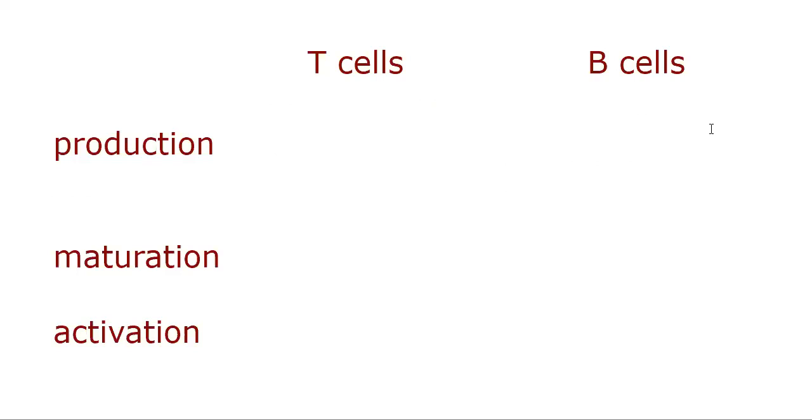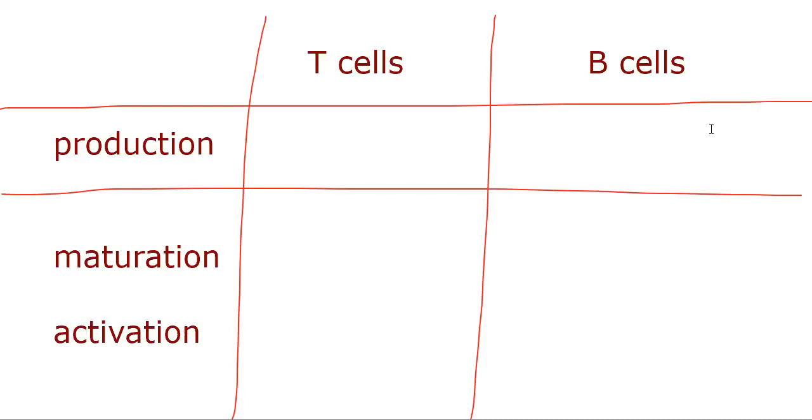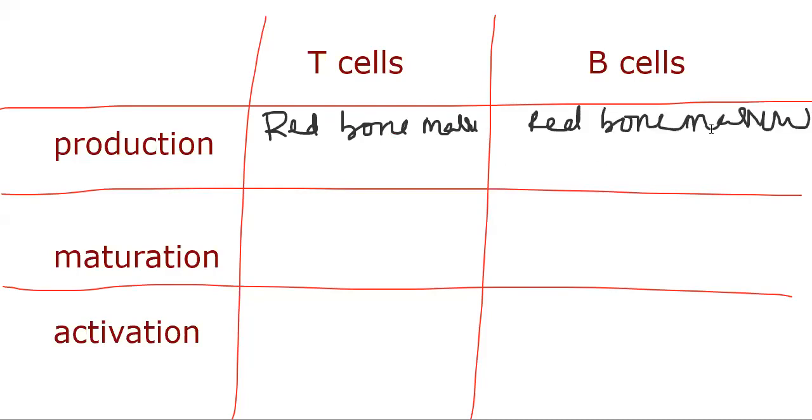Let us maintain a little decency in not using a scale, but I hope it comes out better. So, production. Production of T cells and B cells both happens in the red bone marrow. We may write here: red bone marrow. They are formed from the hemopoietic stem cell, which forms the lymphoid stem cell.